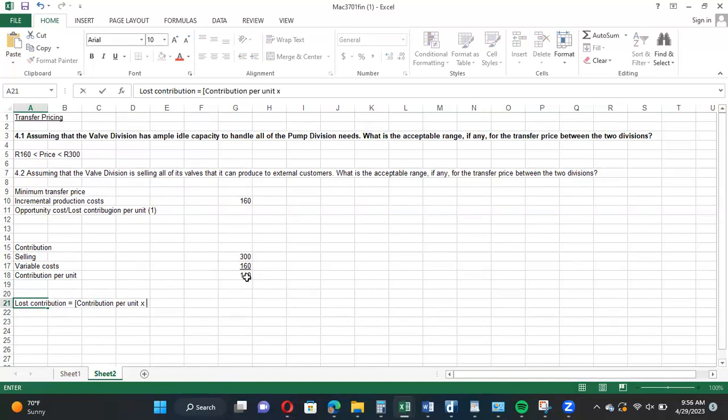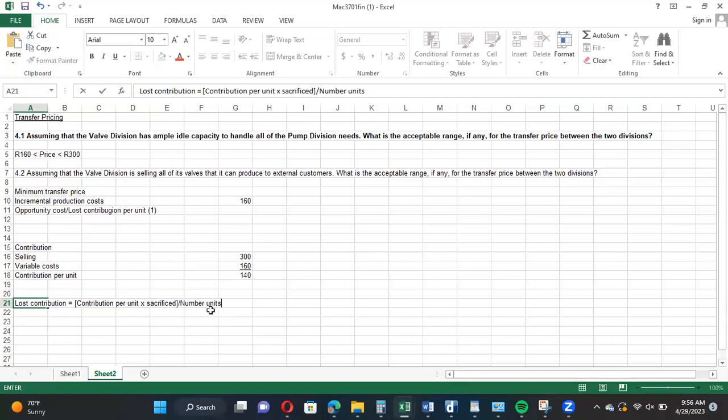Minus the units that you are sacrificing, right? The units that they are losing. Oh, so did I say minus? It's supposed to be times. So times the units that you are sacrificing, unit sacrifice. So this basically gives you your total contribution that you've lost, right? And then you're obviously going to divide by the number of units, right?